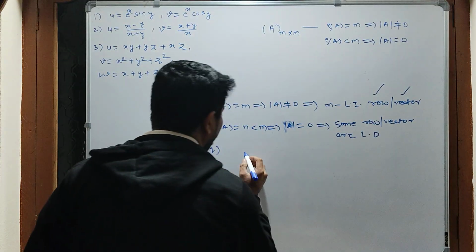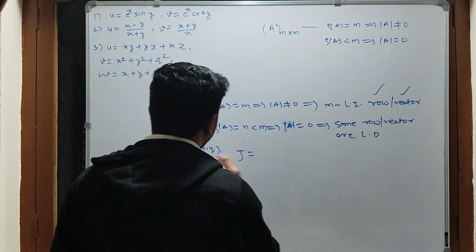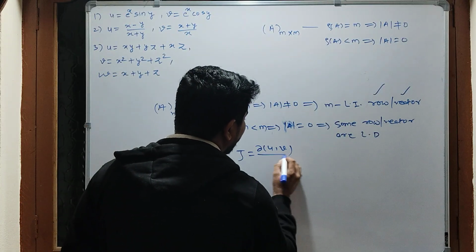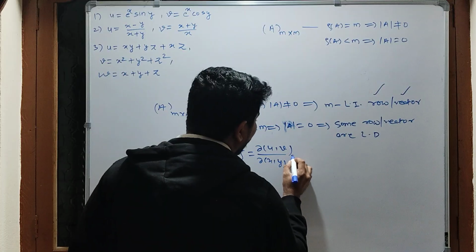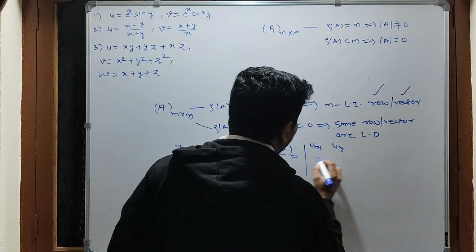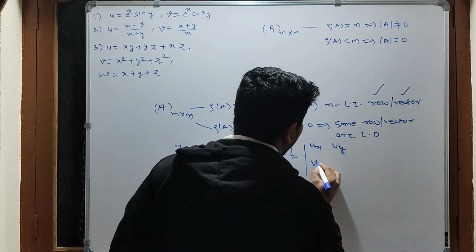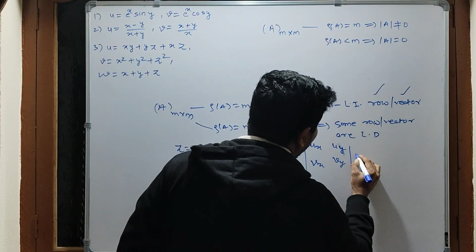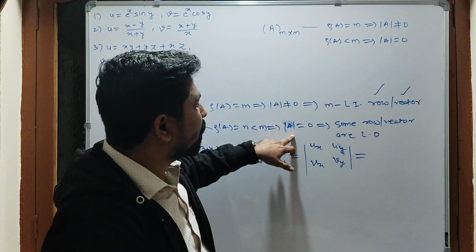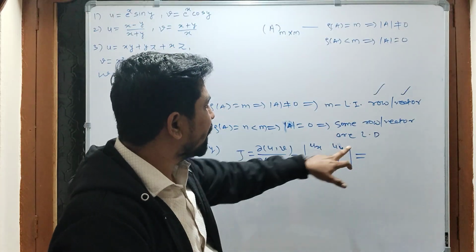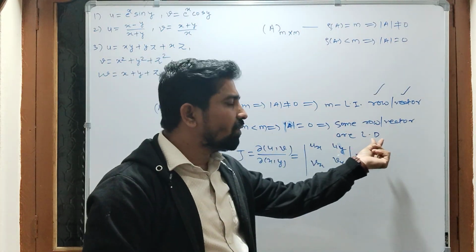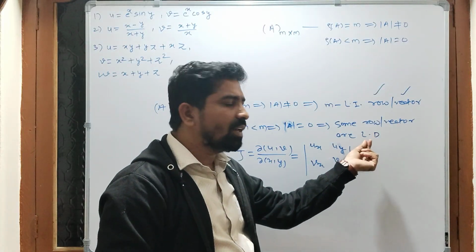So in the case of the Jacobian, let's say u equal to f of x comma y is a function, and the Jacobian of u comma v with respect to x comma y is equal to the determinant of ux, uy, vx, and vy. If this determinant equals 0, then some rows in your matrix, or some vectors, are linearly dependent.